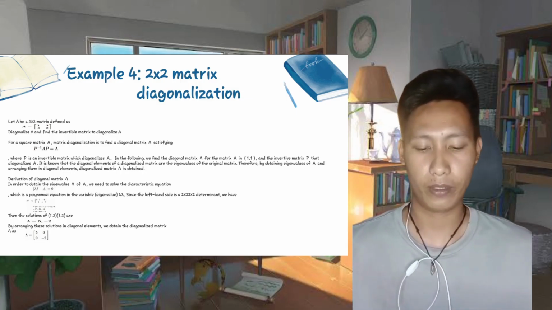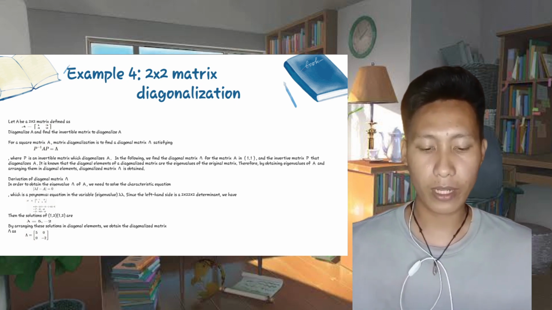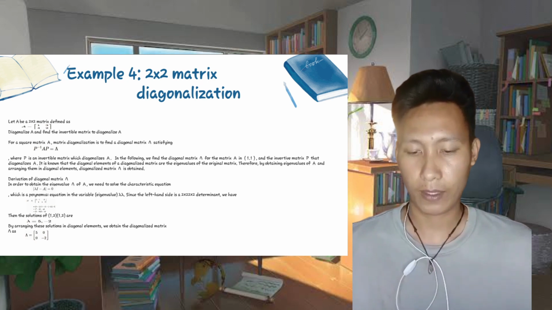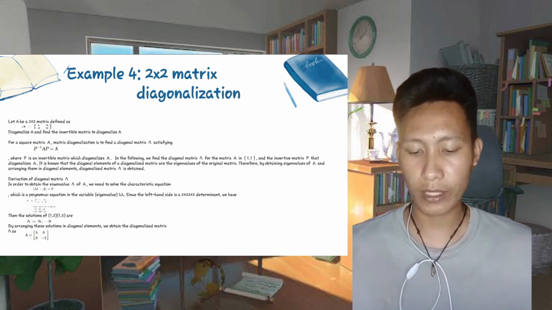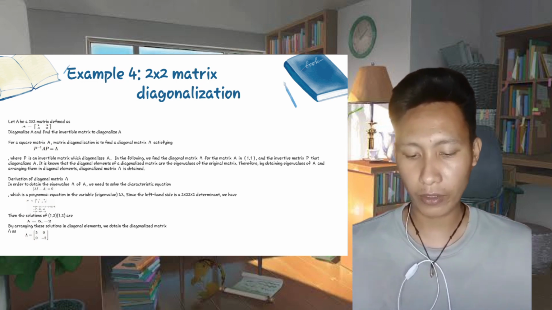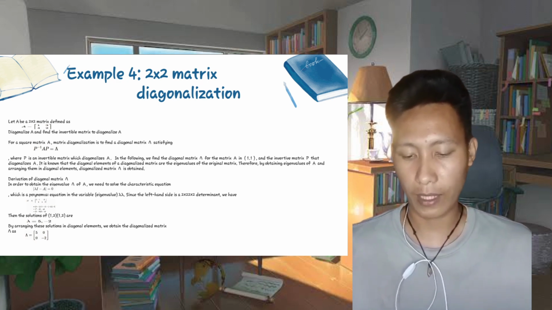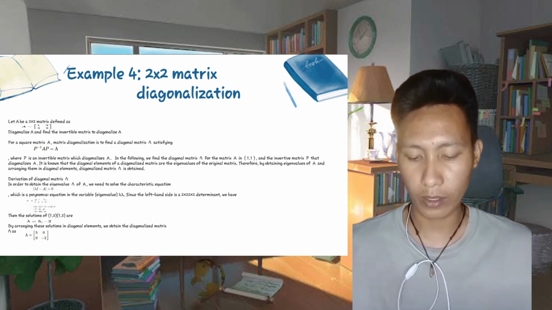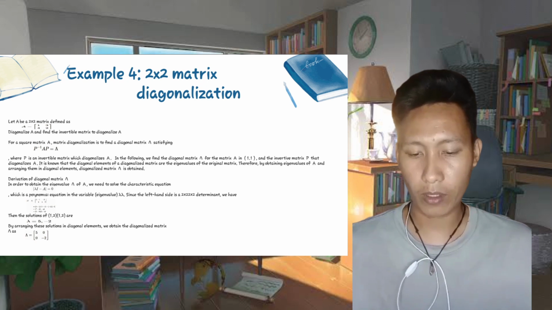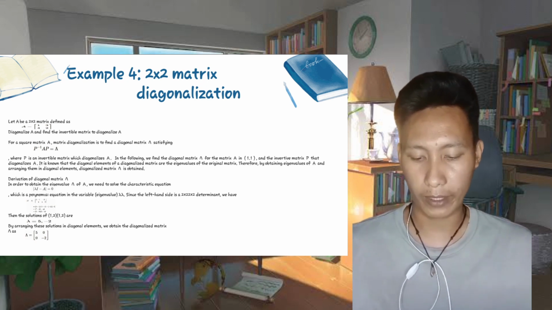Example 4. 2 by 2 matrix diagonalization. Case lambda equals negative 2. In this case, the eigenvector x satisfies Ax equals negative 2x. Let x be x equals [x1, x2].